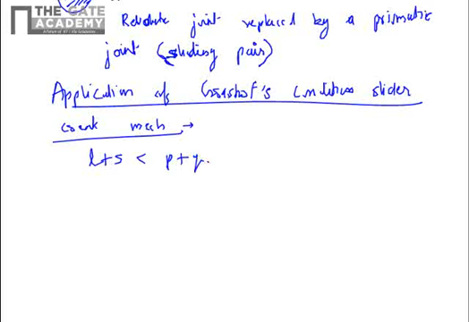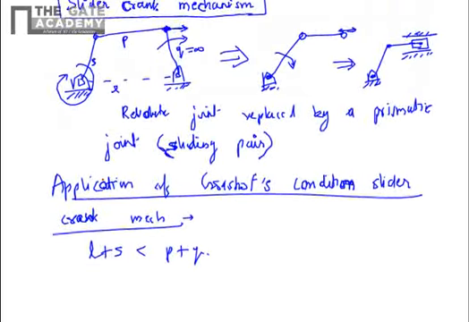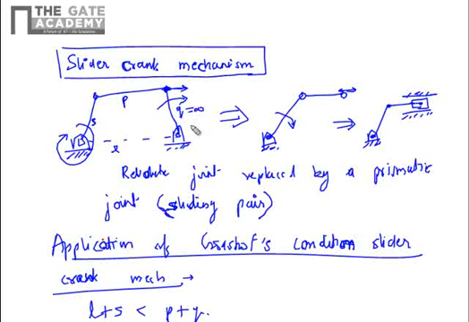So if you see our discussion at present, a slider crank mechanism is a special case of a 4-bar linkage where the length of one of the links is infinity.